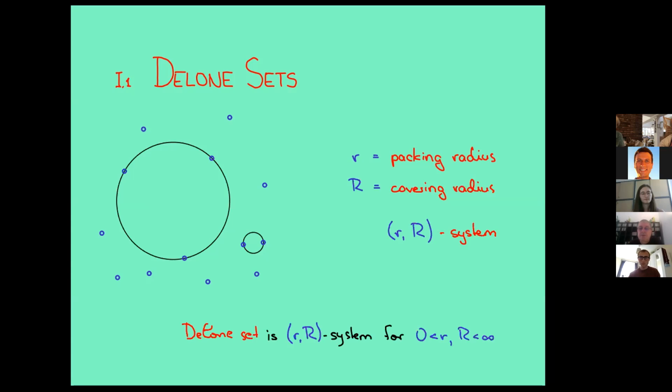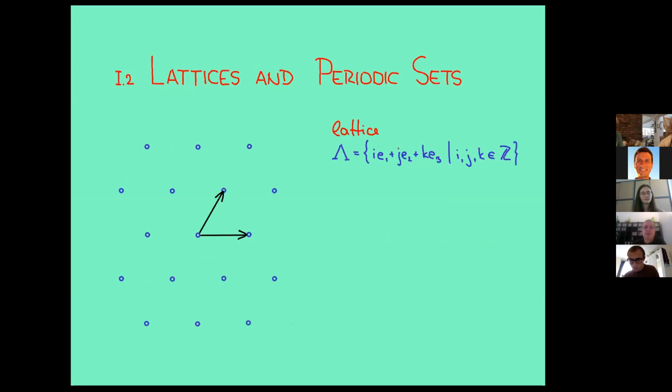And such a thing is sometimes called an Rr system. And then a Delaunay set is an Rr system where the little r is strictly larger than 0 and the big R is strictly smaller than infinity. Okay, so this is not necessarily periodic, but somehow modeling something like a well distribution in space.